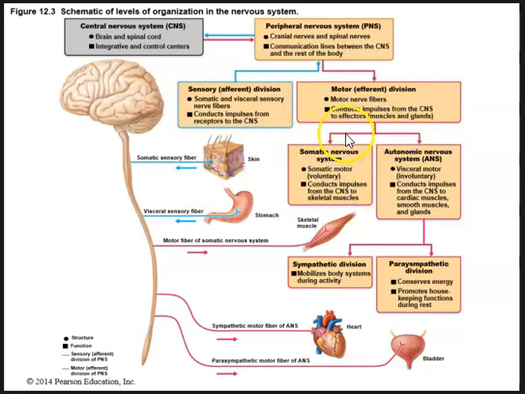And then we have the autonomic nervous system, or the visceral motor subdivision. This is, again, our involuntary motor division. So this will conduct impulses from the CNS to organs such as the cardiac muscles, smooth muscles, and glands.